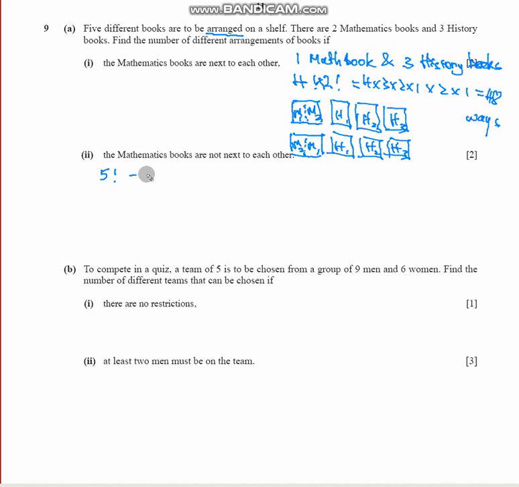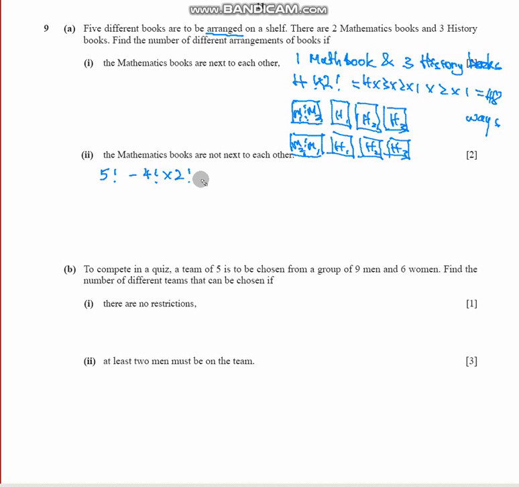So it's actually 4 factorial times 2 factorial. Whatever remains from this will be the number of arrangements where the two mathematics books are not together.